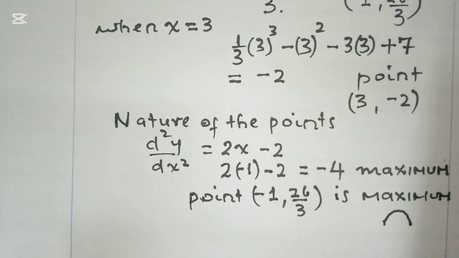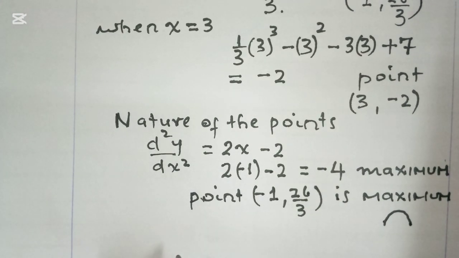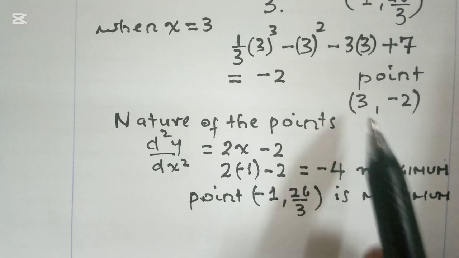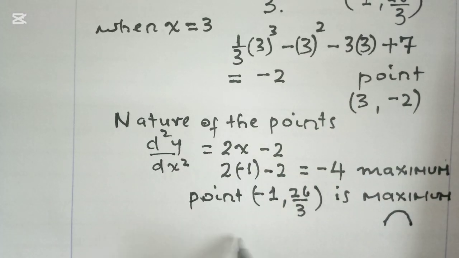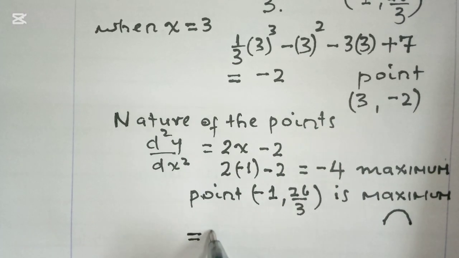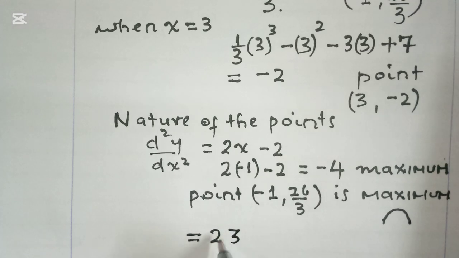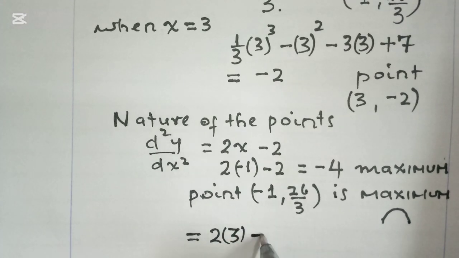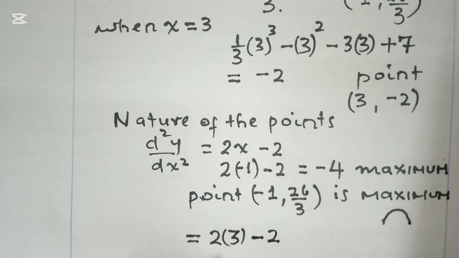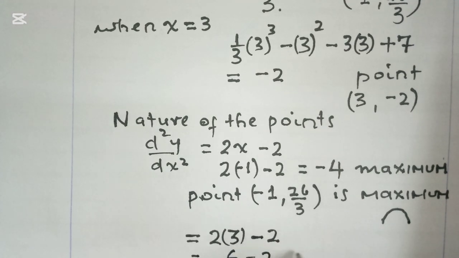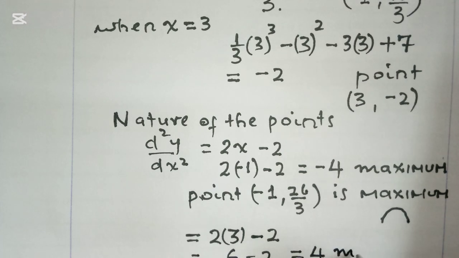Then we go to point number 2, where we have x as 3. We replace x with 3 in 2x minus 2. That will give us 6 minus 2, which is 4. So this one we call a minimum point.